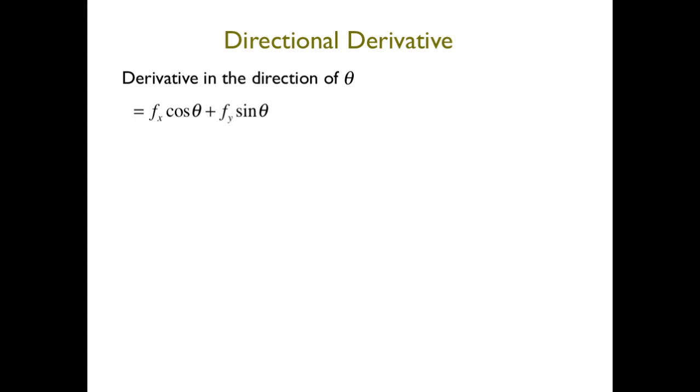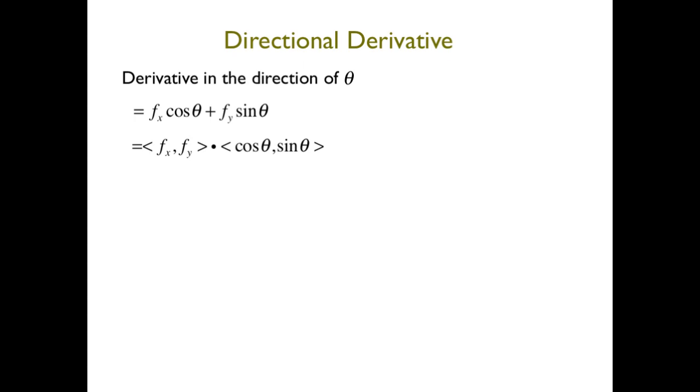What two original vectors, if you took the dot product, would give you that? The first vector would be fx, comma, fy. The second would be cosine theta, sine theta.